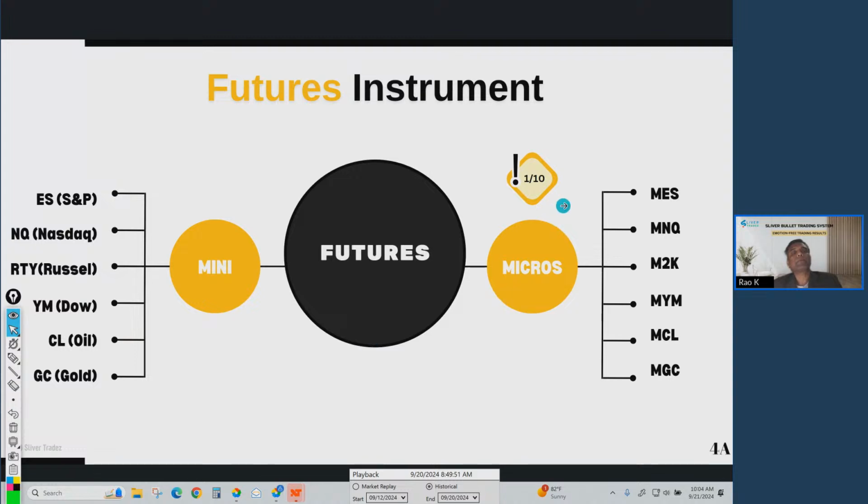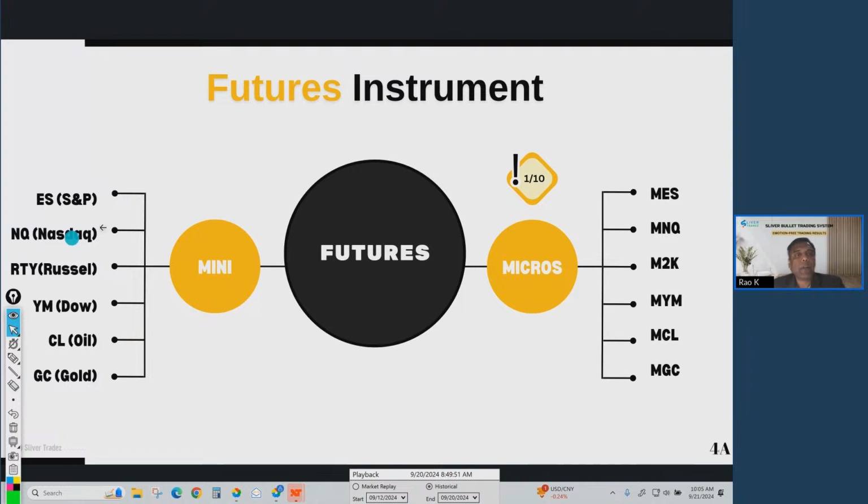And for smaller players, there are also something called micro futures, which is 1/10 the size of minis. And those micros have the symbols MES, MNQ, M2K, MYM, MCL, MGC. There are many more futures contracts, but in our business, we mostly focus on these. You can pick any that you like.